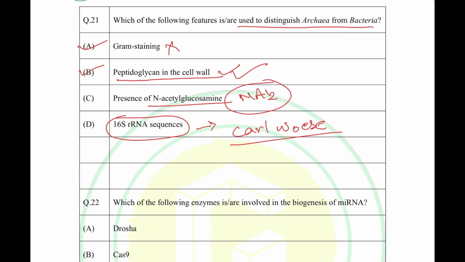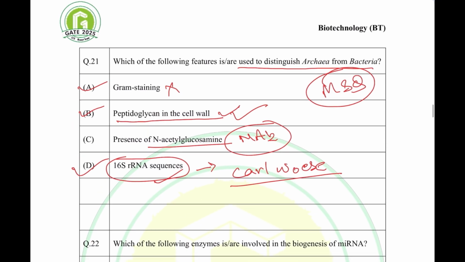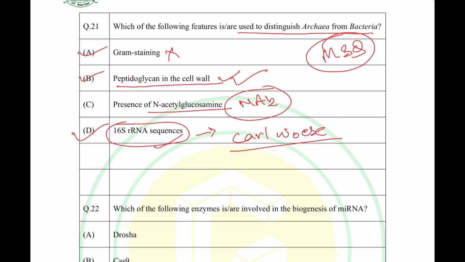So option D will be correct. This is an MSQ question, okay? You need to take care of these things. So both options A and D will be the correct answer here. On the basis of peptidoglycan and 16S rRNA sequencing, we can distinguish archaea and bacteria.